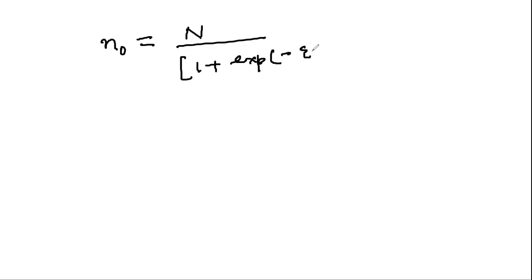So my N naught will become N by 1 plus exponential of minus epsilon by kT.